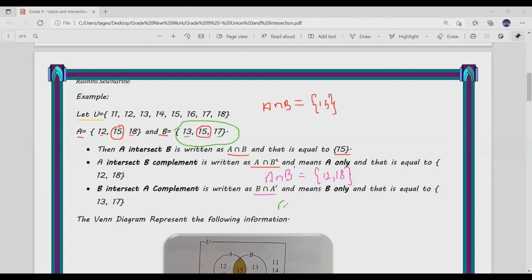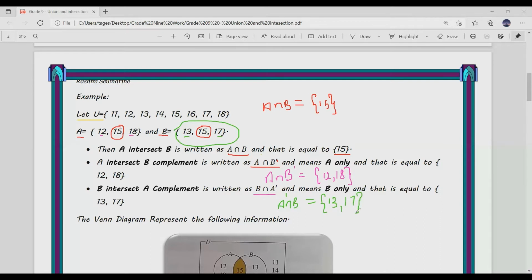So we can write now A complement intersect B is equal to, and we write our 13 and we write our 17.